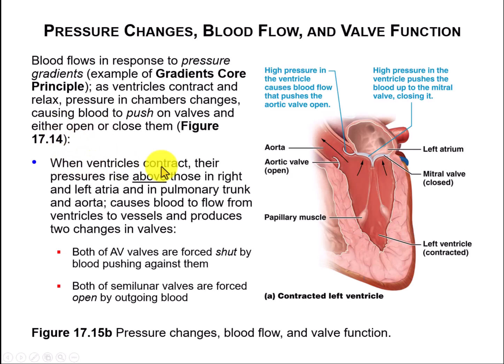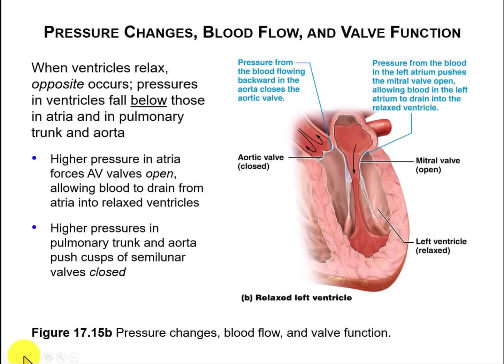All right, before we start, let's look a little closer at our valves. We have our semilunar valves and our atrioventricular valves. When the ventricles contract, they close the AV valves, but push open the semilunar valves.